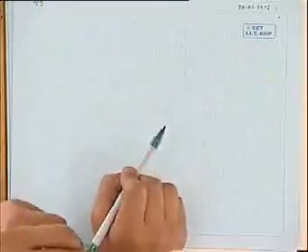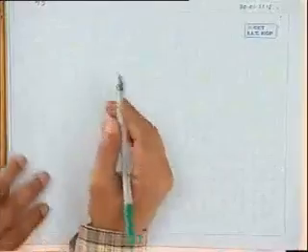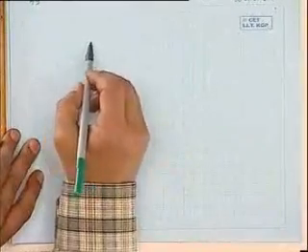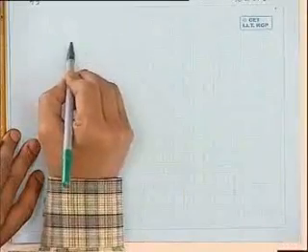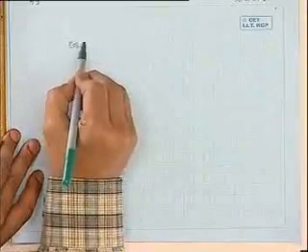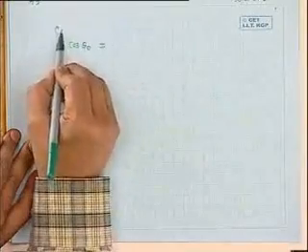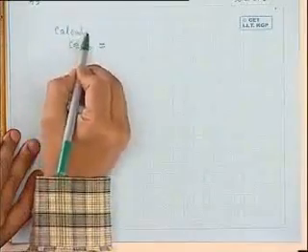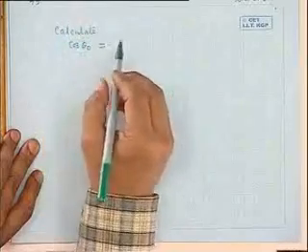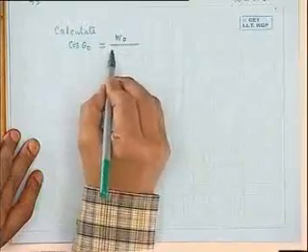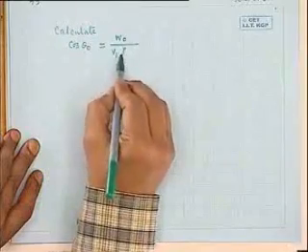Now, how to compute this? The computation of the equivalent circuit parameters can be done in this simple way. You first calculate the no load power factor angle: calculate cosine theta naught as W naught divided by V1 I naught.